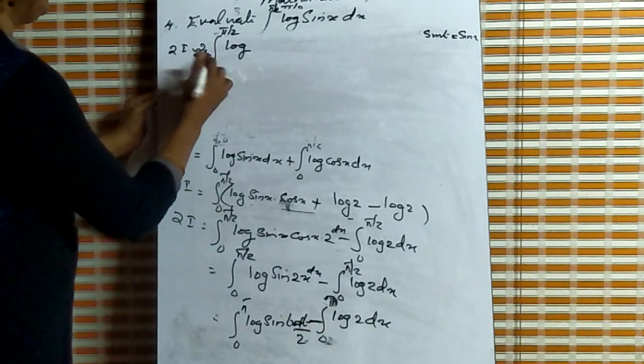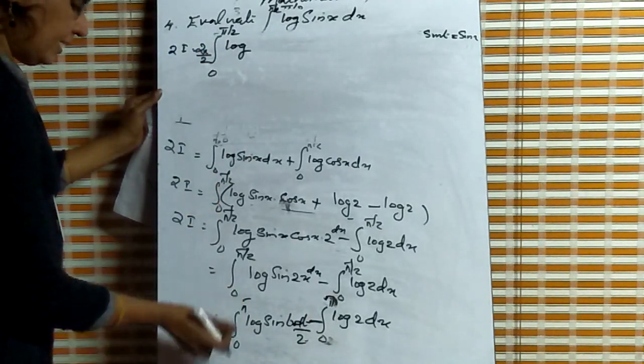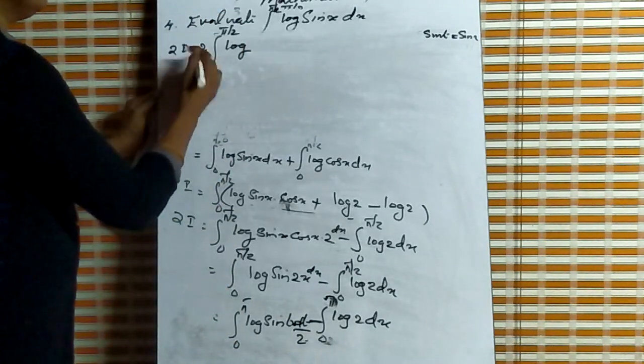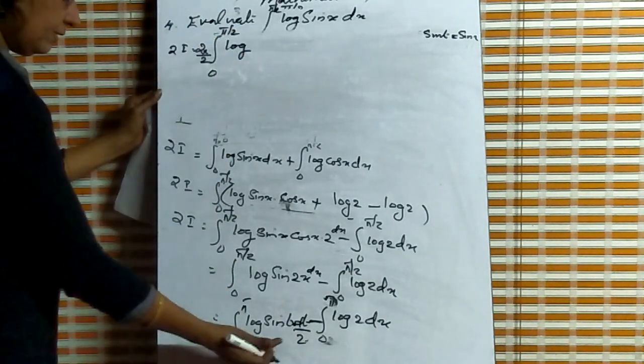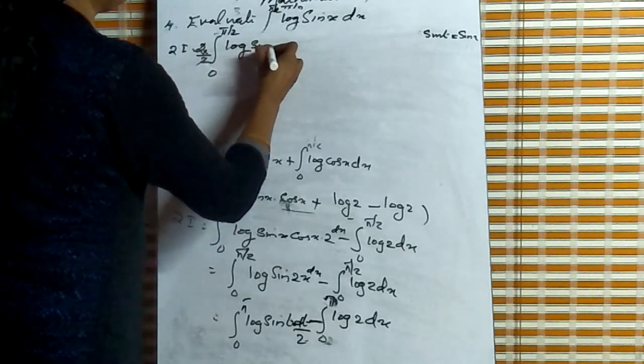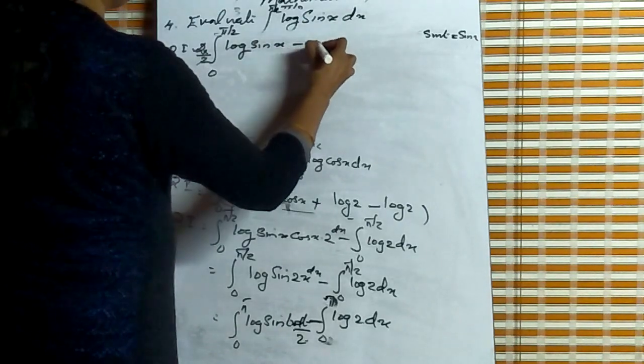This 1 by 2 we take outside, and now we change the integral, applying the property from 0 to pi: 2 times the integral from 0 to pi by 2, and this 1 by 2 is also here, the 2s cancel, of log sin x minus pi by 2.